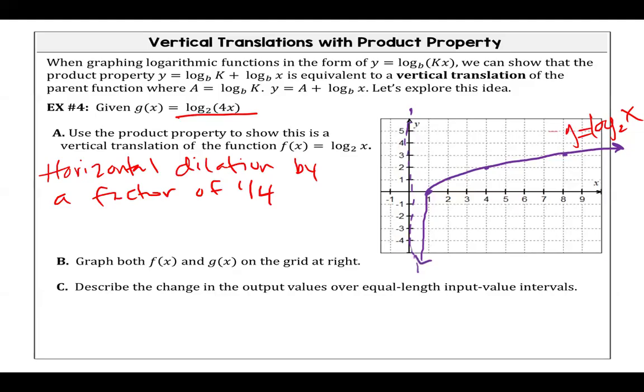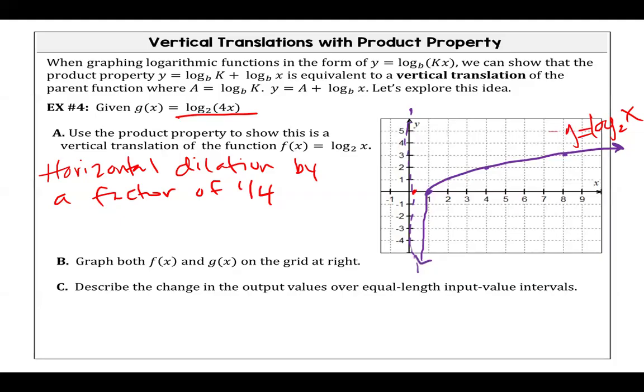So what that means is that if I take all of my x values and divide them by 4, that would be my new home. Does that make sense? For example, I'm currently at 1, 0. Well, what's 1 divided by 4? 1/4. So it would now be at 1/4, 0. Are you with me?